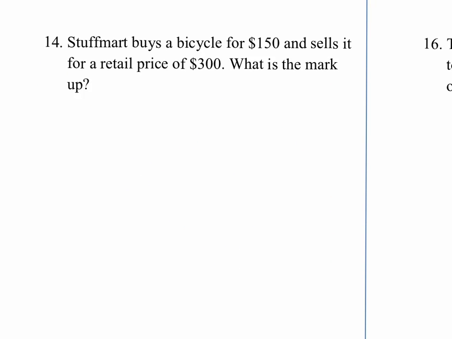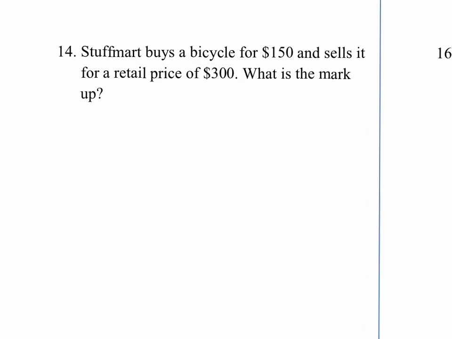Number 14. Stuff Mart buys a bicycle for $150 and sells it for a retail price of $300. What is the markup? We're trying to look for the percent of. That is correct. It did go up. What percent did it go up is what we're looking for. What is the markup?